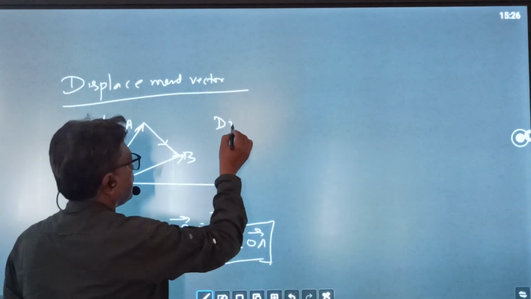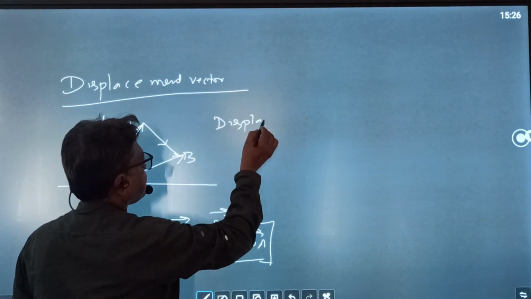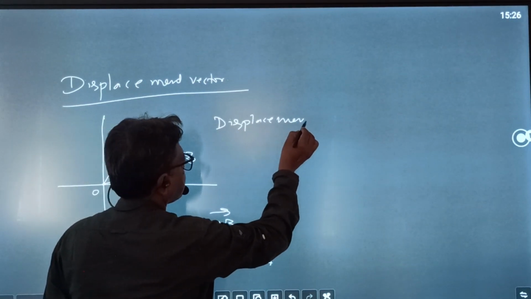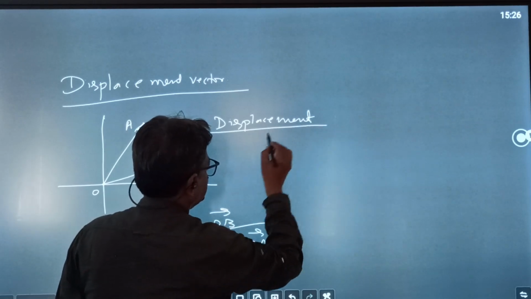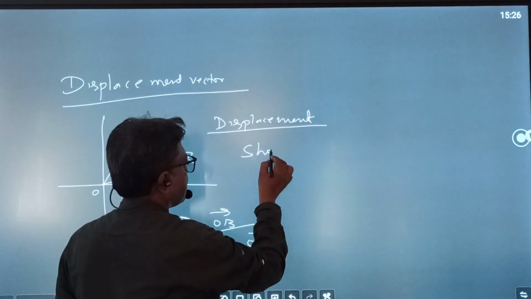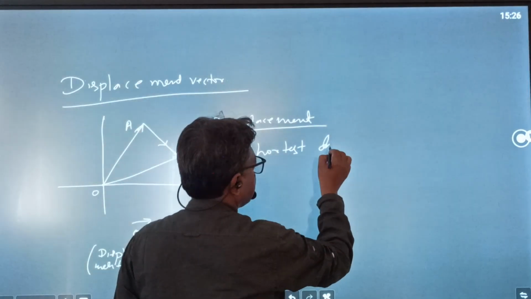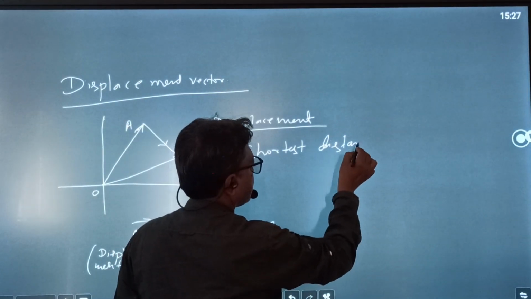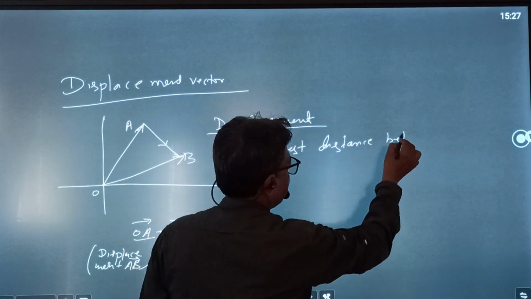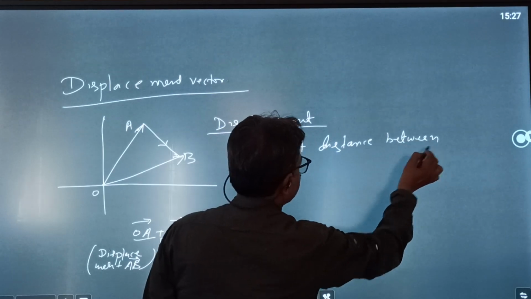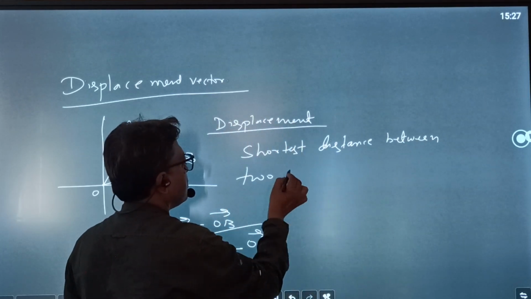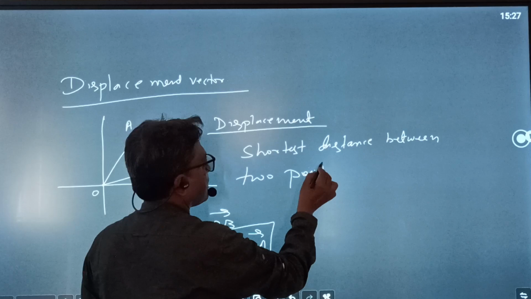Displacement is the shortest distance between 2 points.